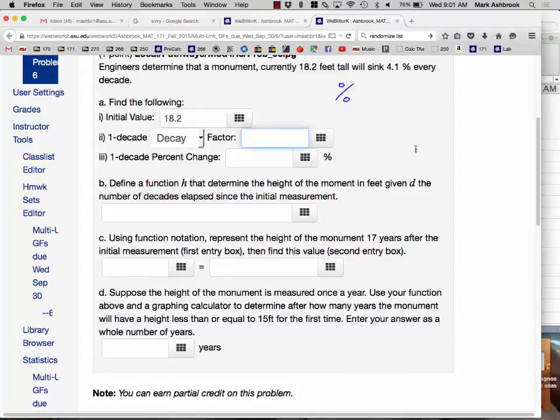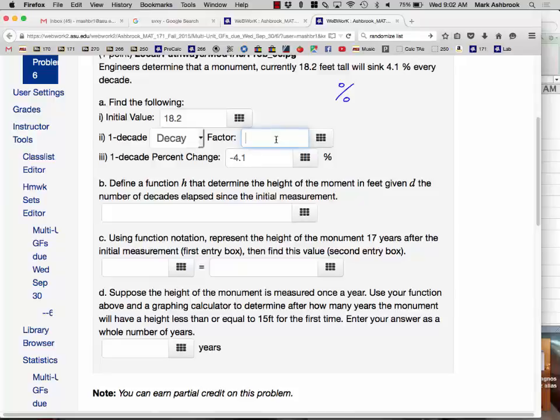Oh, so let's do that first. So then the 1 decade percent change is what they're giving you. That's the negative 4.1. But the multiplier is the portion that you keep, so it's going to be 100 minus that. And 100 minus 4.1 is what, 95.9?